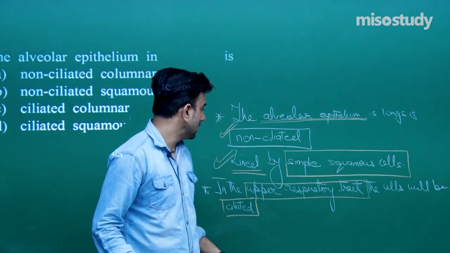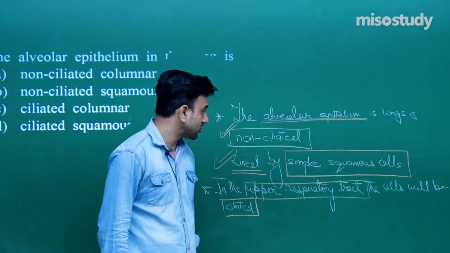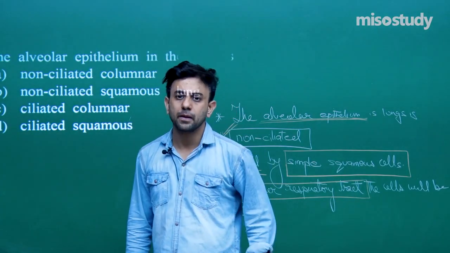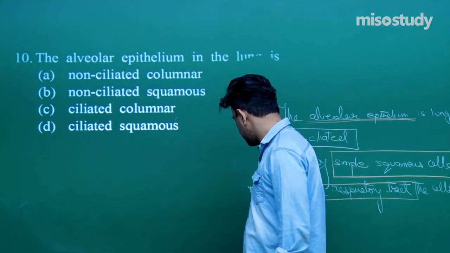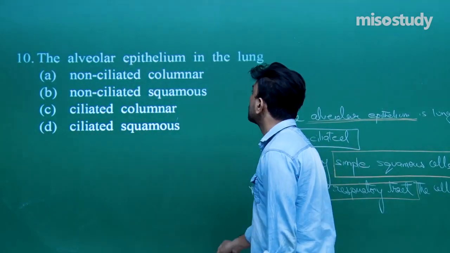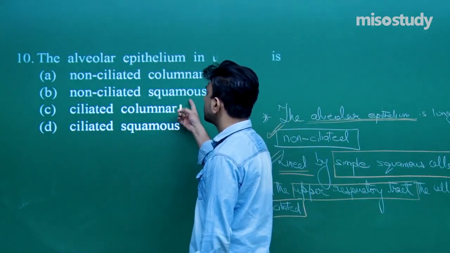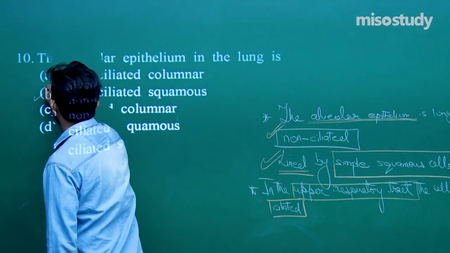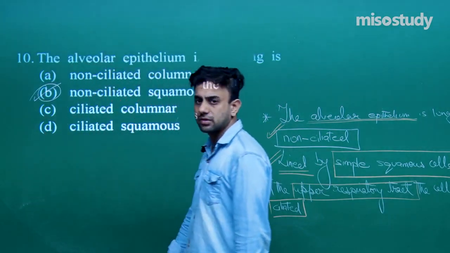So the answer for this question is that the alveolar epithelium in the lung is non-ciliated and squamous, and hence this is the right answer.